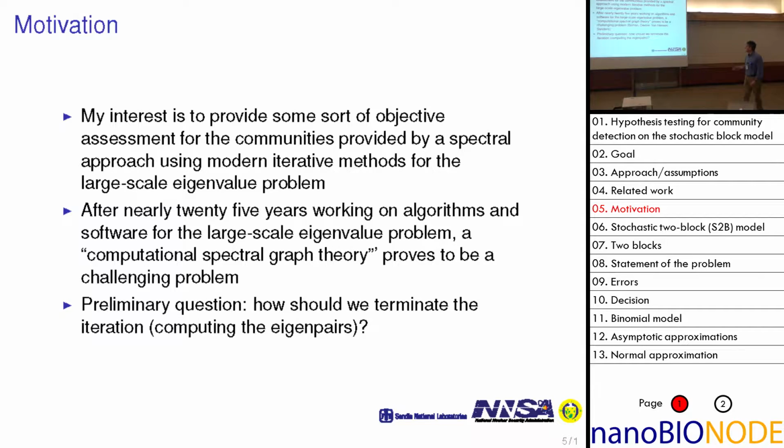So again, I think I already alluded to this. My motivation for all this is I got involved with several people in the audience here to try and provide a computational spectral graph theory. Especially those of us who were used to computing eigenvalues and eigenvectors related to differential equations, where you can assess your result. How do we assess these results? How do we know that the eigenvector is accurate, or what does that mean?